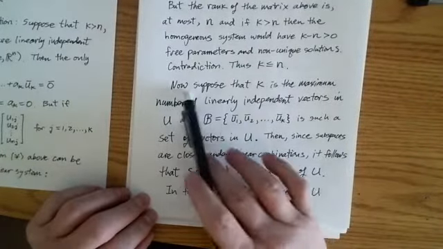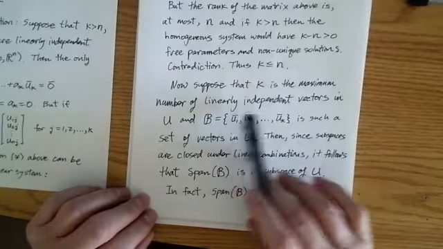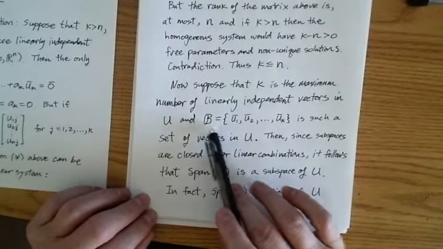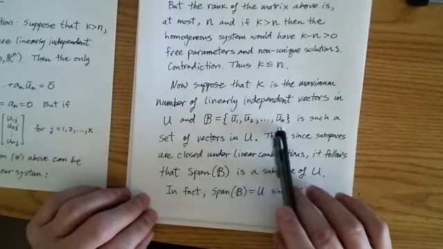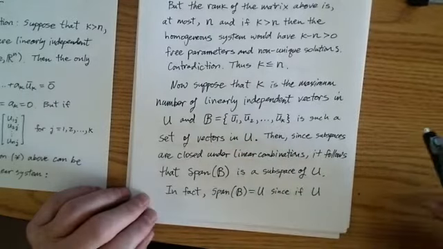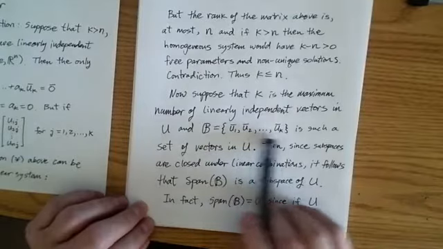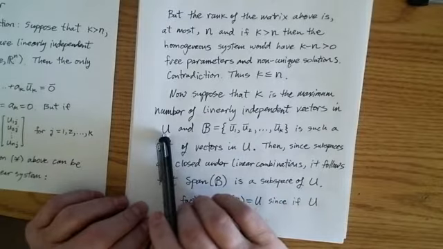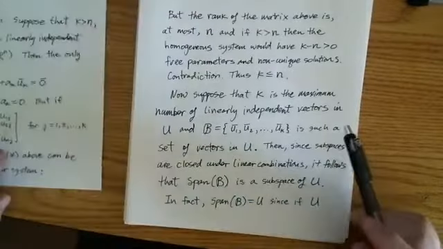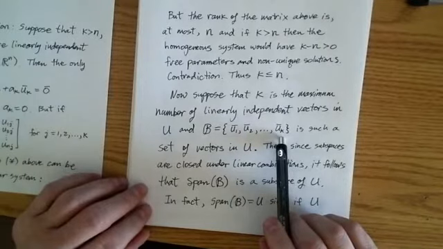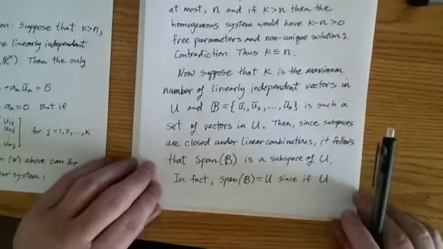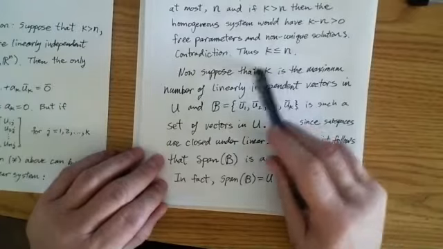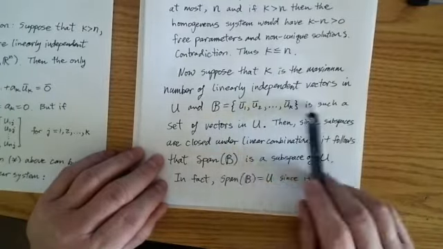Now what I'm going to do is just say k is the maximum number of linearly independent vectors in my subspace U, and let B, u1 through uk, be such a set of vectors in U. This is supposed to be a linearly independent set of vectors in my subspace U, which is contained in Rn, so we know that k is less than or equal to n here. But this is the maximum number that you can actually pick from U. So I'm assuming k is the maximum number, and this is such a set.